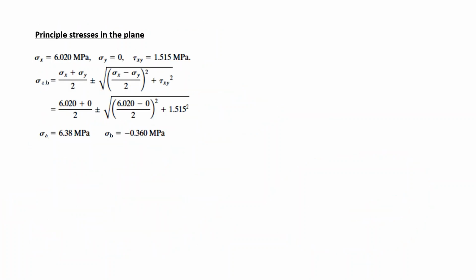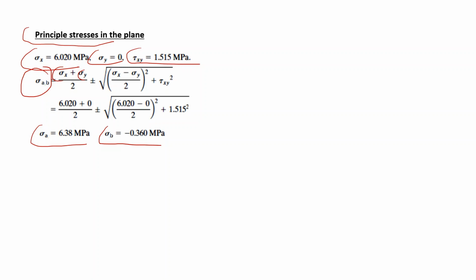Now we know the stress state, sigma x, sigma y, and tau xy in the plane. Now determine the principal stresses in the plane. Here we can use this formula, put in the numerical values, and the principal stresses in the plane are 6.38 and minus 0.36.